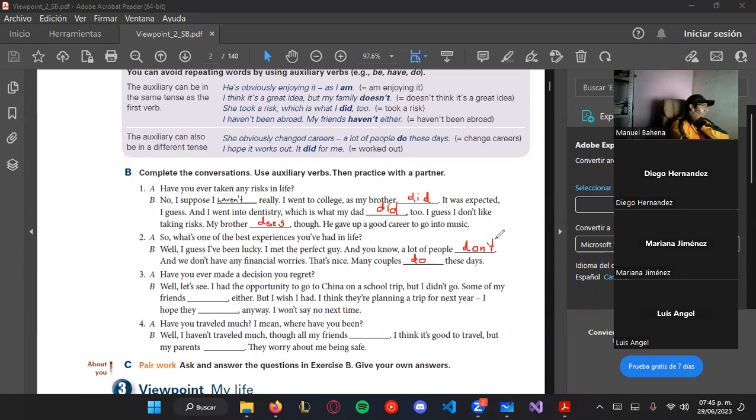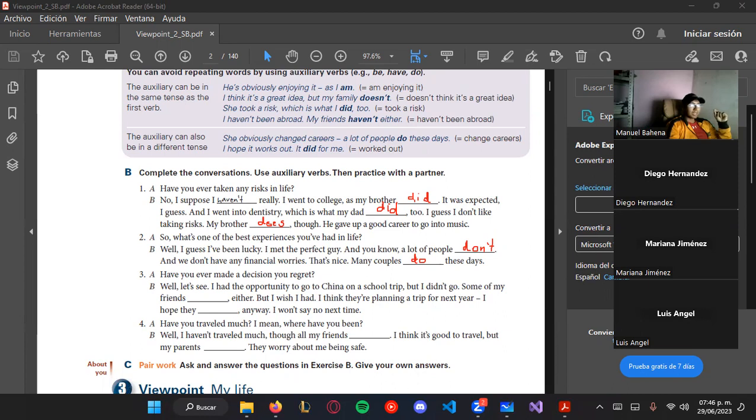Eso está bien. Muchas parejas sí lo tienen estos días. Exactly. Eso es lindo. Es agradable. Many couples do these days. Muchas parejas sí tienen esos problemas hoy en día. Perfect. Thank you very much for your participations. Muchas gracias por sus participaciones.